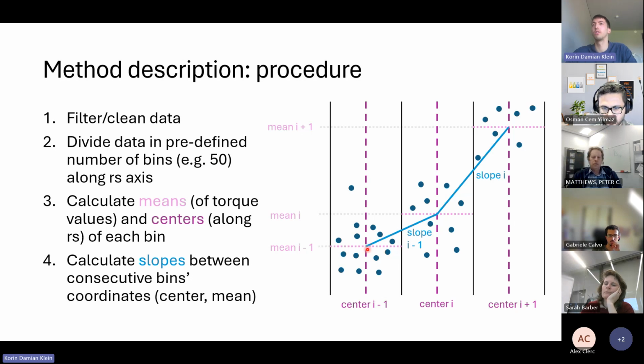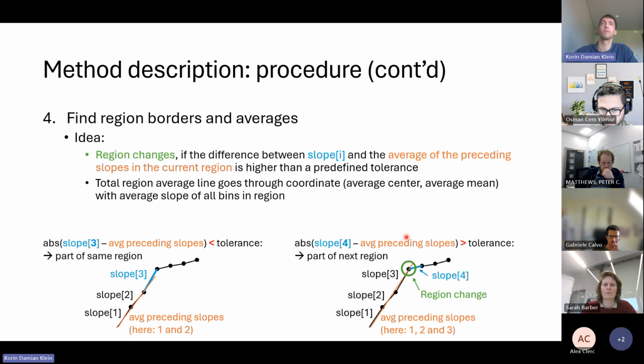To also have a representative value along the rotor speed axis, we calculate the center, which combined results in a coordinate which represents each bin, and then enables us to compare those 2 coordinates and calculate a slope between those. Those slopes are the basis of the main method, which you can see in the next few slides.